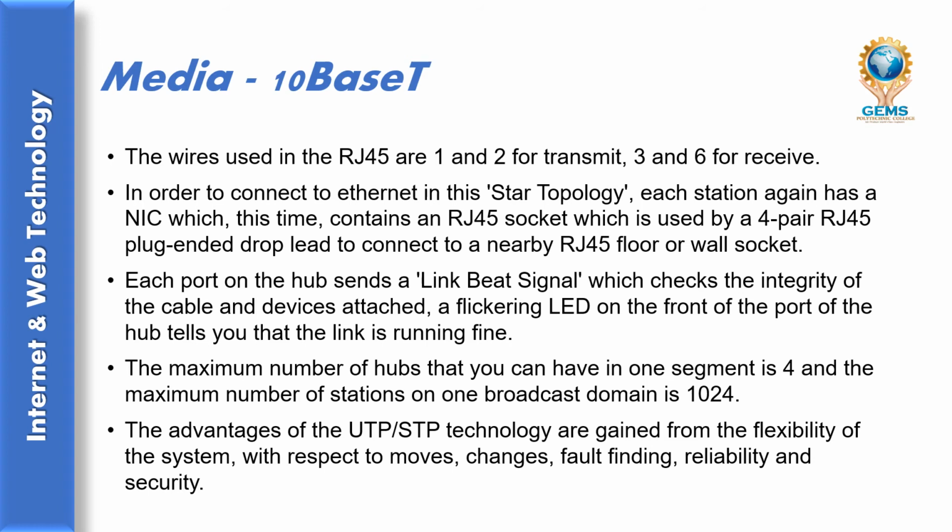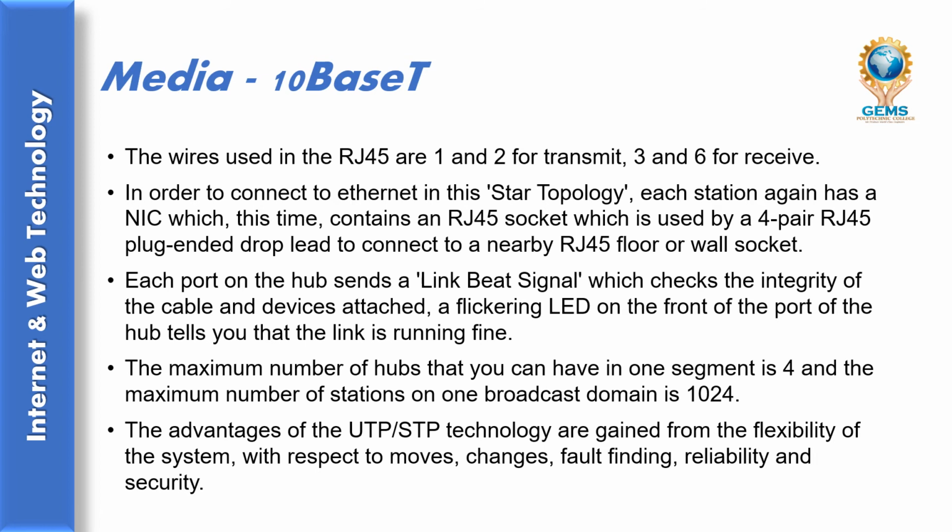In order to connect the Ethernet, the star topology can be used. In this star topology, each station has a network interface card, which this time contains an RJ45 socket, used with a 4-pair RJ45 plug and a drop lead to connect to a nearby RJ45 floor or wall socket.